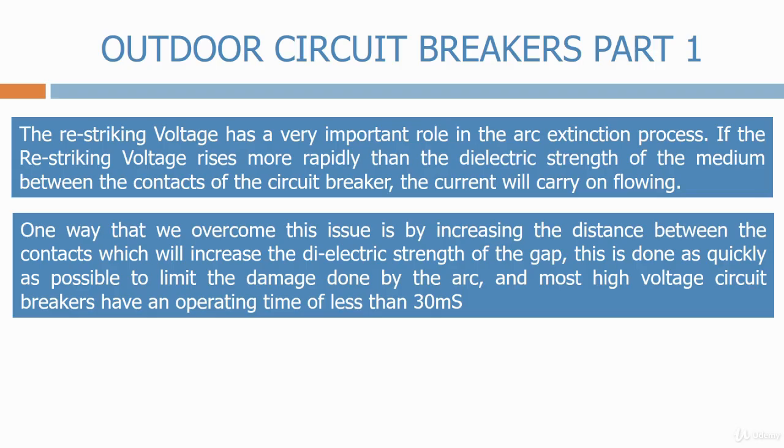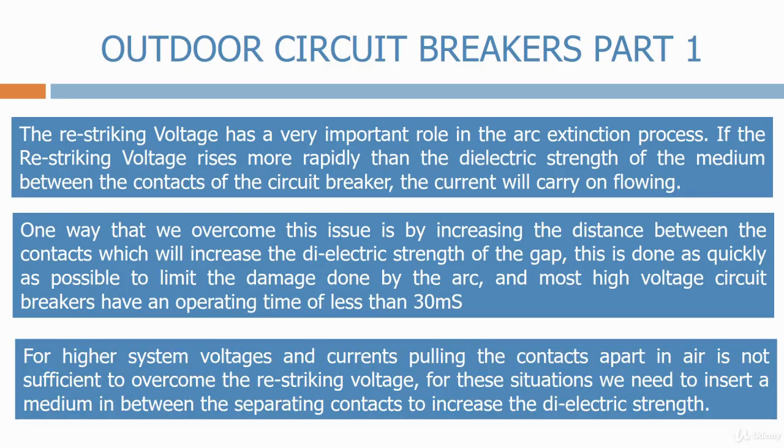This is done as quickly as possible to limit the damage done by the arc, and most high voltage circuit breakers have an operating time of less than 30 milliseconds. For higher system voltages and currents, pulling the contacts apart in air is not sufficient to overcome the restriking voltage. For these situations, we need to insert a medium in between the separating contacts to increase the dielectric strength.